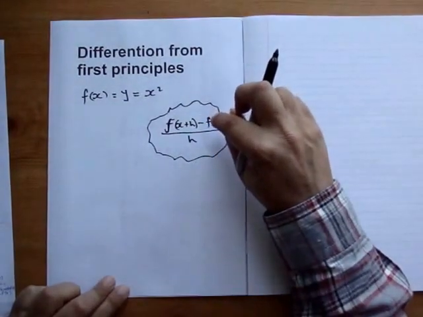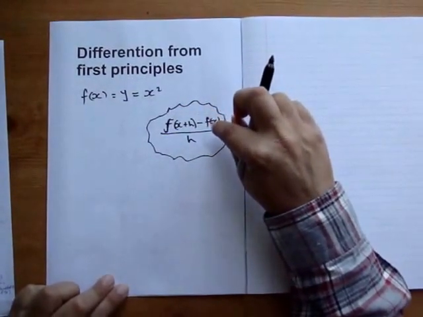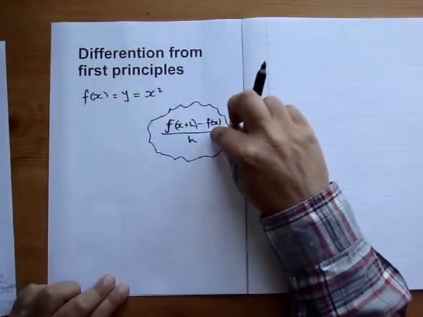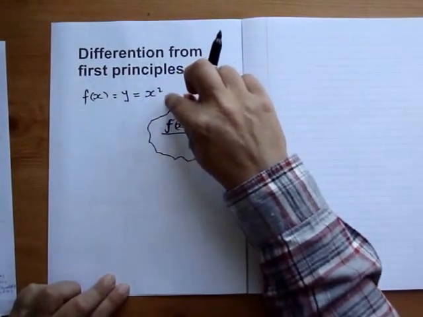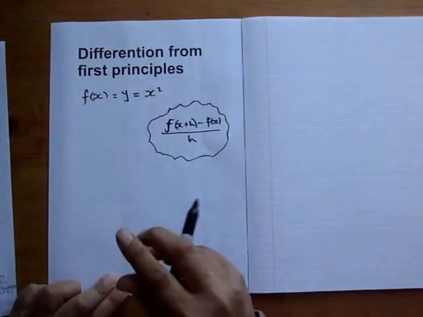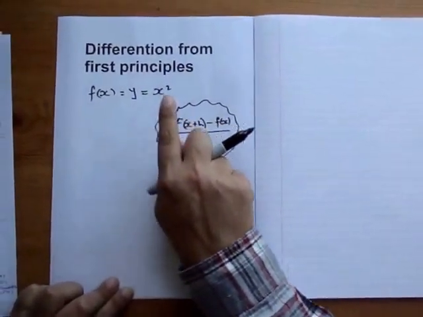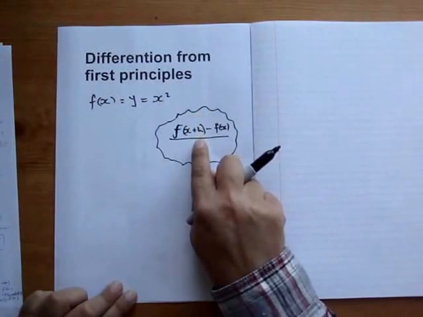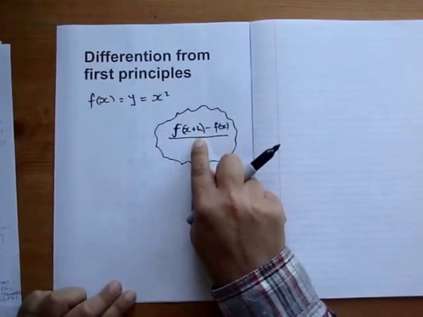So we want to substitute into this y equals x squared. So simply, wherever we find the x, we substitute with x plus h.